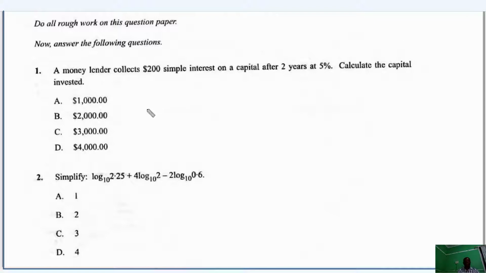In question 1, a money lender collects $200 simple interest on a capital after 2 years at 5%. So interest is principal times rate times time over 100, and we have interest to be 200. Our principal is unknown.